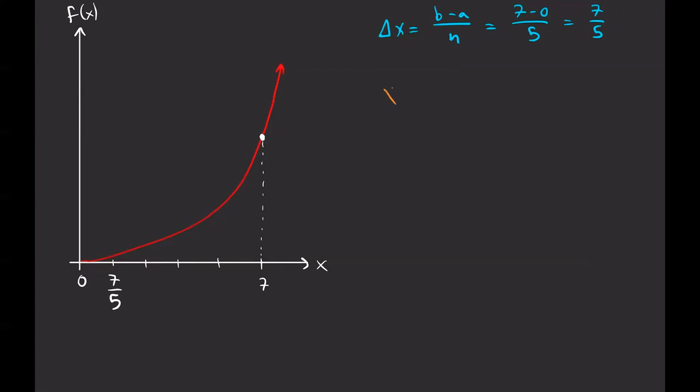We'll have x naught is always a, which in this case is just 0. So x sub 0 is just a. X sub 1 is going to say, hey, take a and add a delta x to it. And when you do that, you're going to get, well, let me move this over just a little bit.